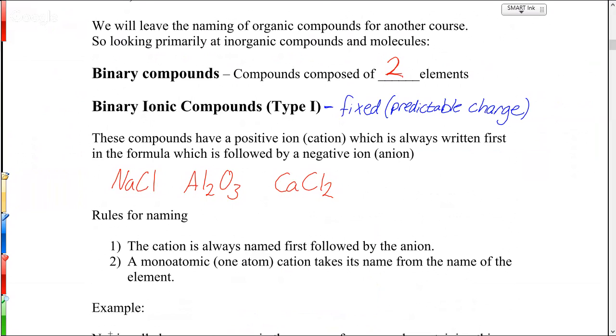So we know what the charges of the ions are in these type 1 compounds. Those are all the ones we've just been talking about. We know sodium's going to be +1. We know calcium's going to be +2. So that puts it in this category.